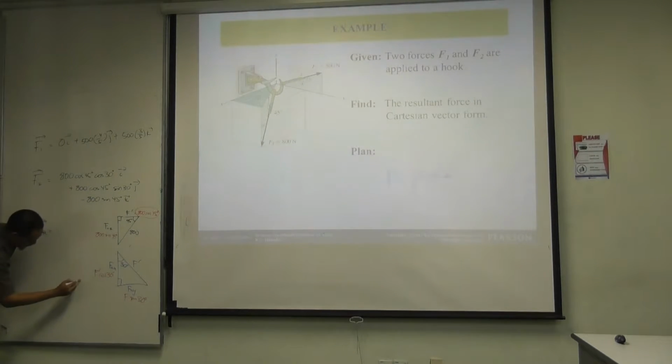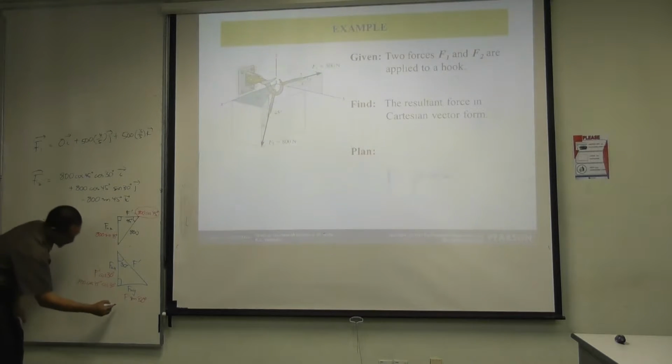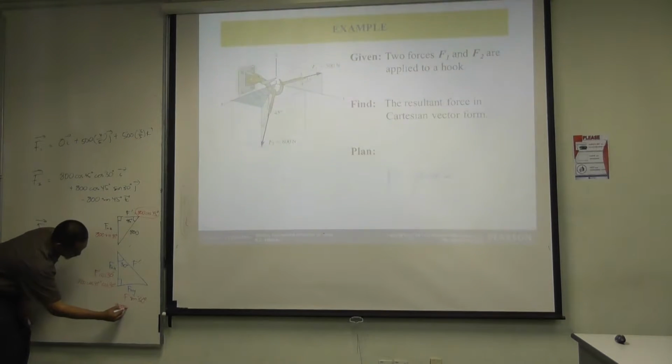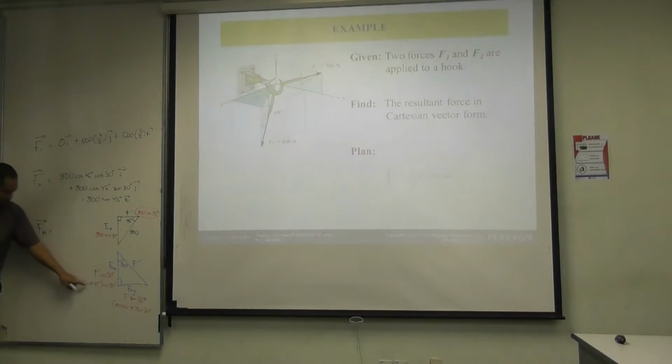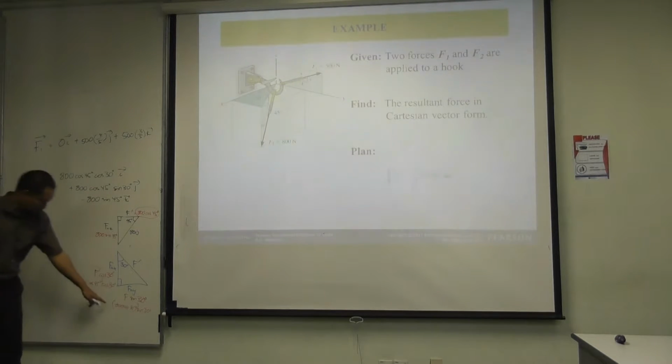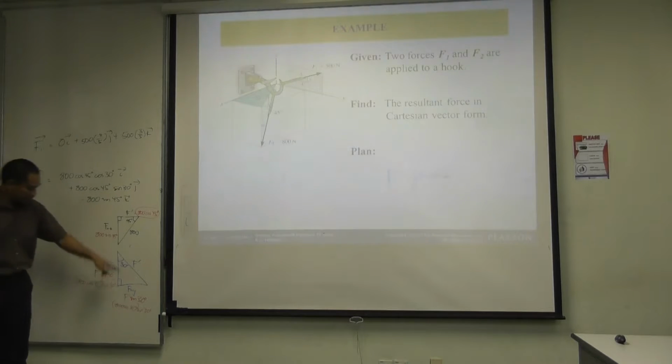So if you plug in 800 cos 45 degrees cos 30 degrees here, and here you plug in 800 cos 45 degrees sin 30 degrees. If you undo the bracket so that it's clear when you plug in, you end up with 800 cos 45 cos 30 and 800 cos 45 sin 30.